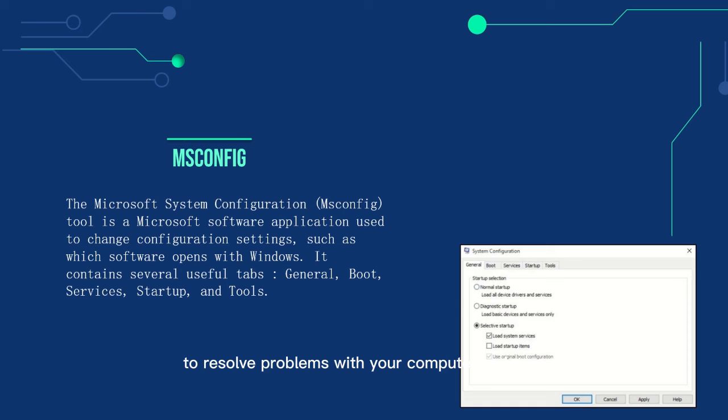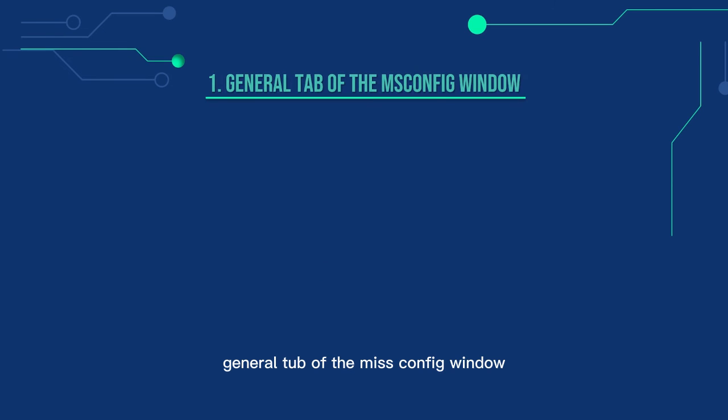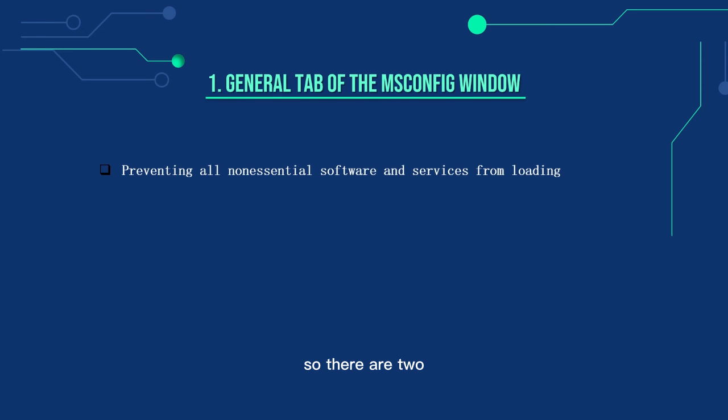So let us see the first useful tab, the General tab of the msconfig window. There are two options for troubleshooting purposes.